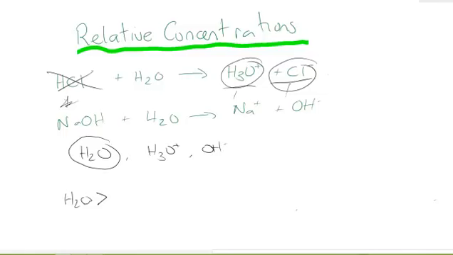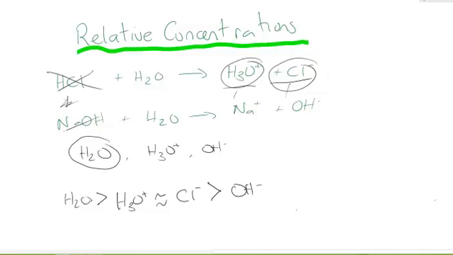However, because there's already some hydronium ions present in the water, we'd say they're roughly equal. So we'd say H3O plus is approximately equal to chloride ions. And then of course we've only got one other species present there, and that's going to be the hydroxide ions.